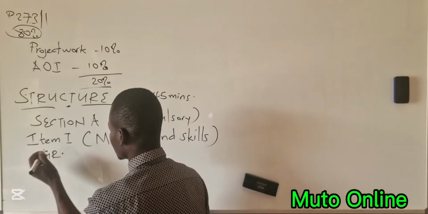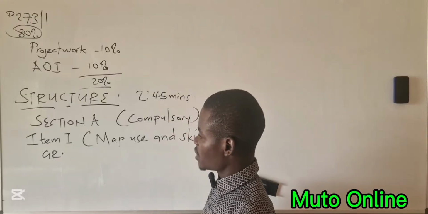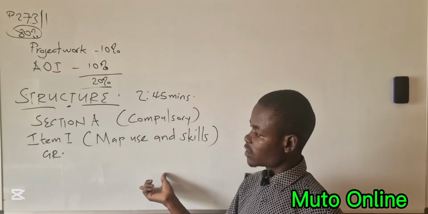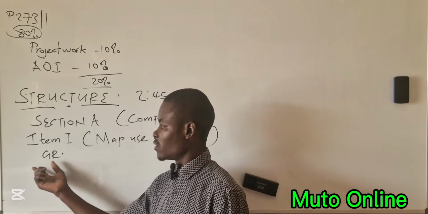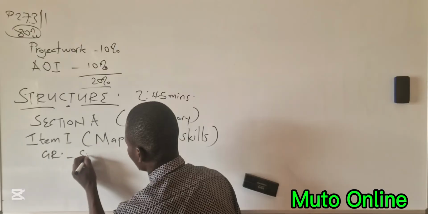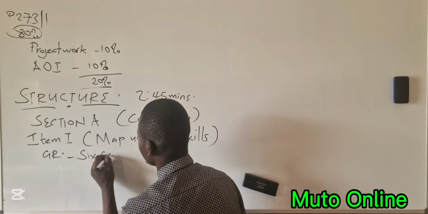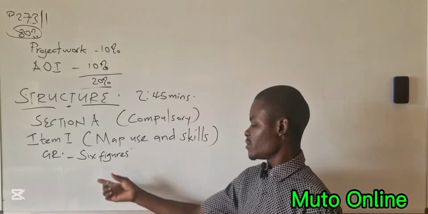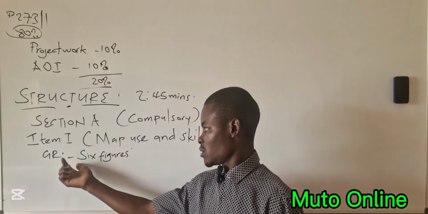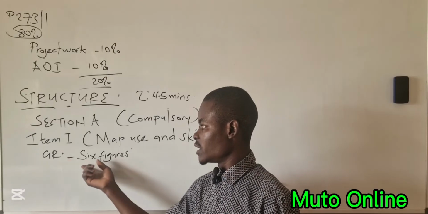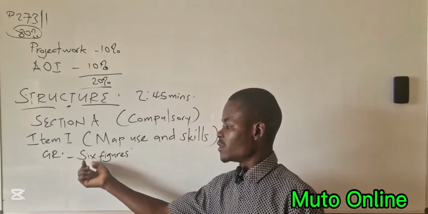So grid reference, of course, it is so important when we are locating features on a map extract. We use grid reference. And for the case of grid reference, they are normally 6 figures in most cases, but at times you may find any item requiring you to present the grid reference using 4 figures.